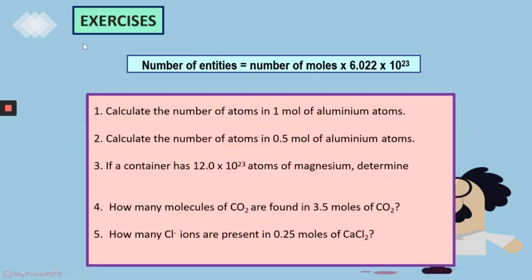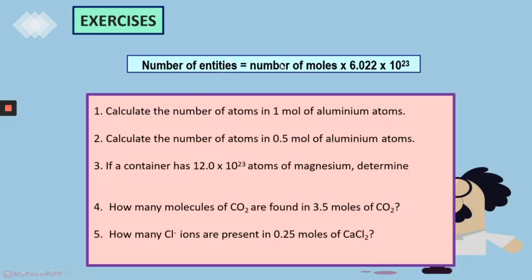So look at the exercise. Okay, memorize this formula. Number of entities equal to number of mole times 6.022 times 10 power of 23. So look at the question 1. Calculate the number of atoms in 1 mole of aluminium atoms. For this question, number of entities is atom.